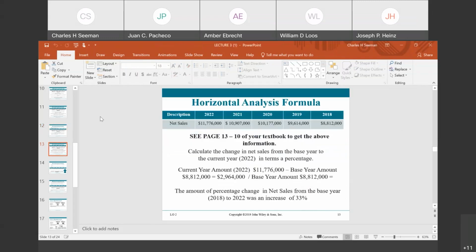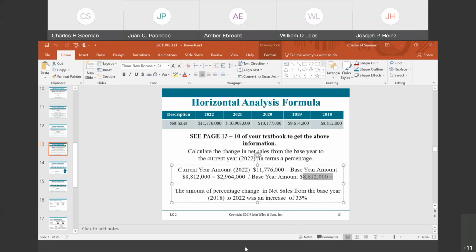We could also do the same thing with the percentage. 2022 is the current year, and 8,812,000 is the base year. 2018 is the base year. Current year minus base year, which is the increase, divided by base year.